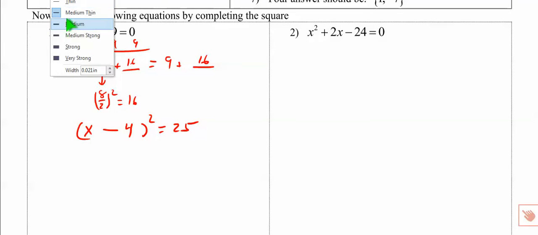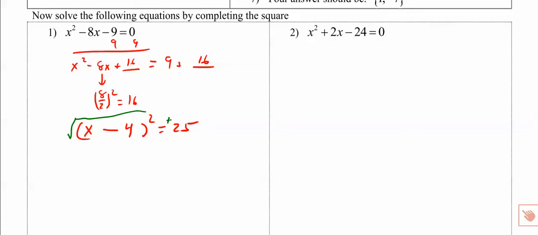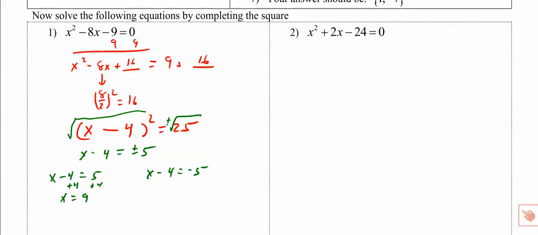We then take the square root, plus or minus the square root, and we get x minus 4 equals plus or minus 5. Our two equations: x minus 4 equals 5, and x minus 4 equals negative 5. Add 4, we get x equals 9. Add 4, we get x equals negative 1.